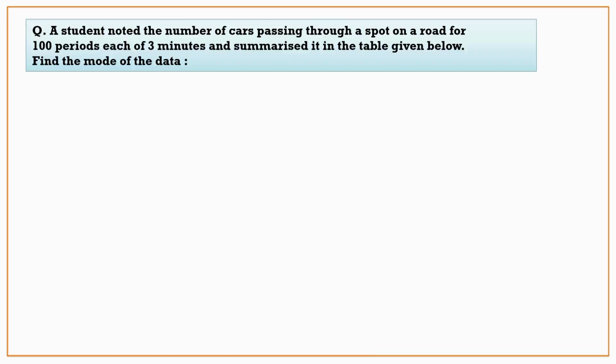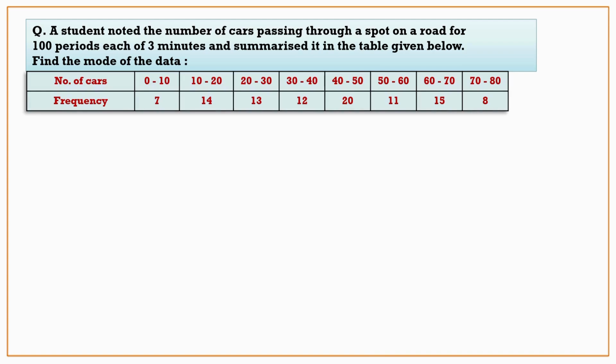Okay, now let's take a look at the next problem. A student noted the number of cars passing through a spot on a road for 100 periods each of 3 minutes and summarized it in the table given below. Find the mode of the data.